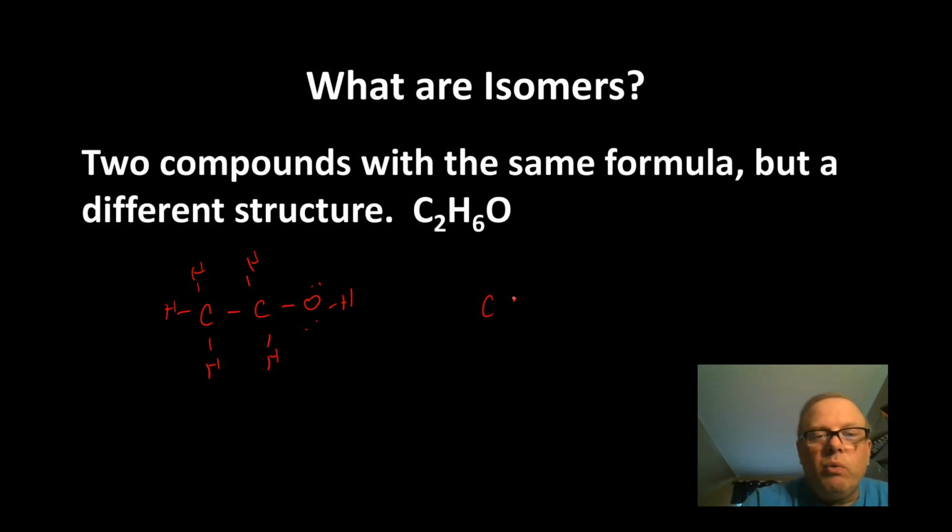And then a second one could be something like this with an oxygen in the middle, breaking up the carbon chain. And they'll both have the same formula, but different structures.